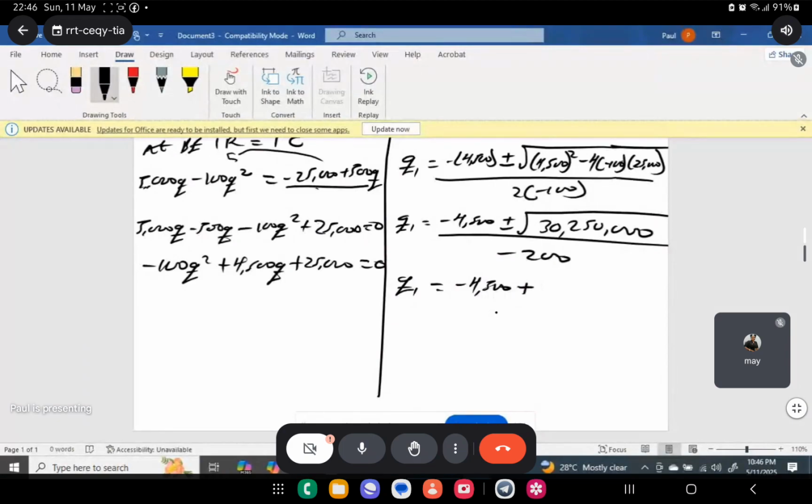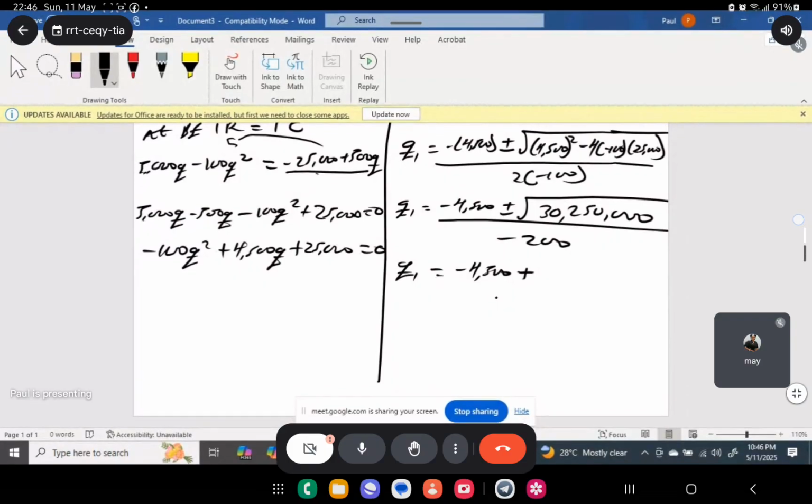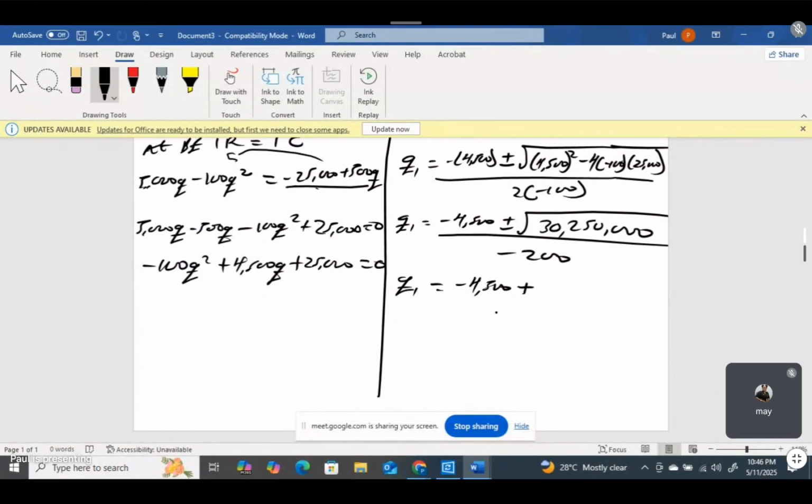The square root of 30,250,000 is 5,500, divided by minus 200.